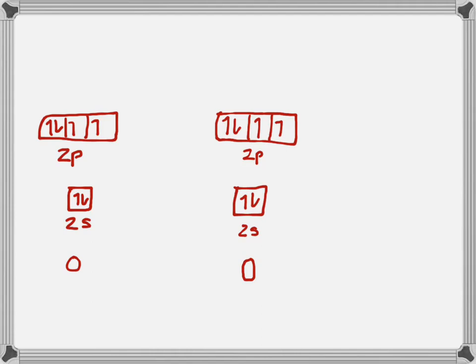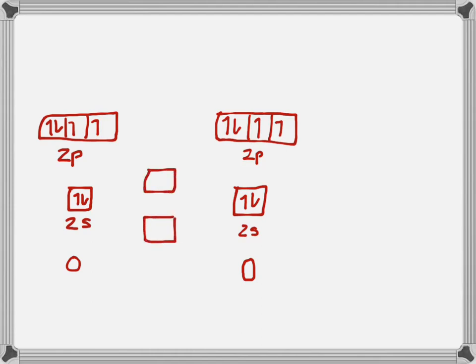You with me so far? So then we need to combine these. Let's see if I can remember. These are hard to remember, these orders. So the s stays down by itself. And so we can just do these over here.